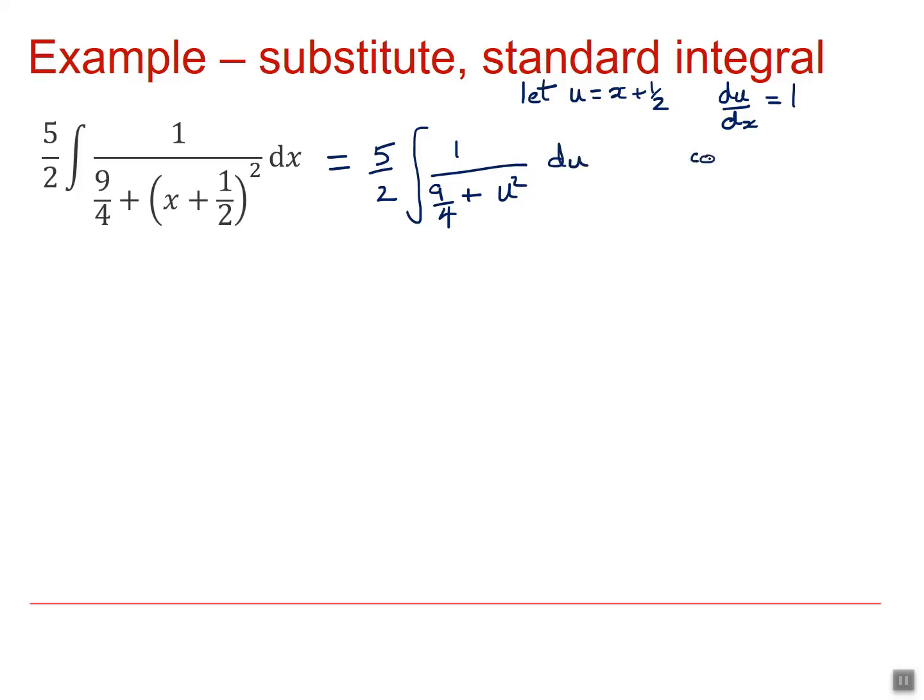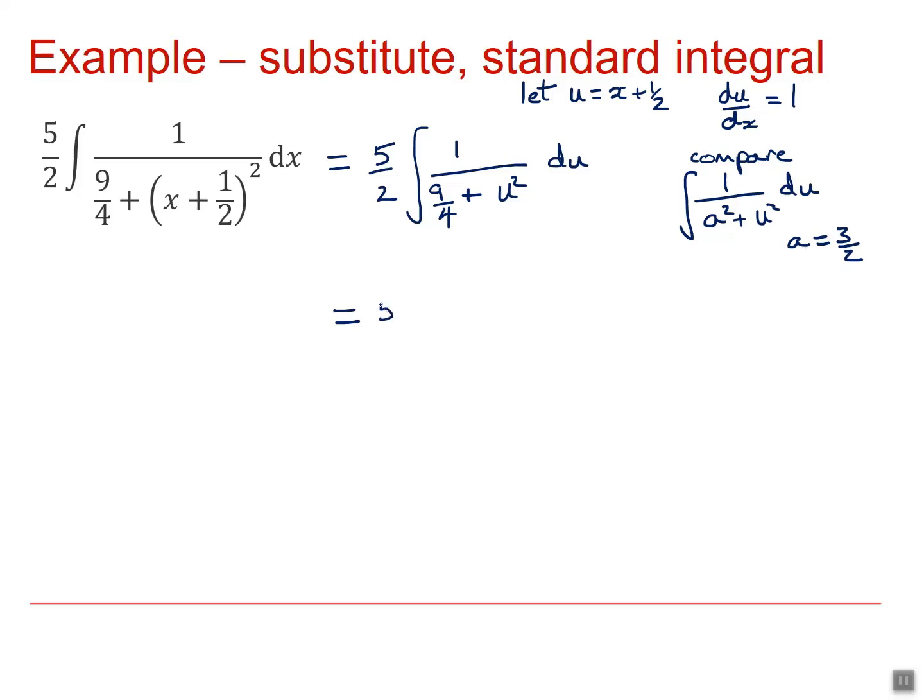Think about the standard form then and compare it with that. The standard form is 1 over a squared plus u squared in this case, because that's what we're using as our variable. And this is identical when a is equal to 3 over 2. So we can quote the result for this integral then.